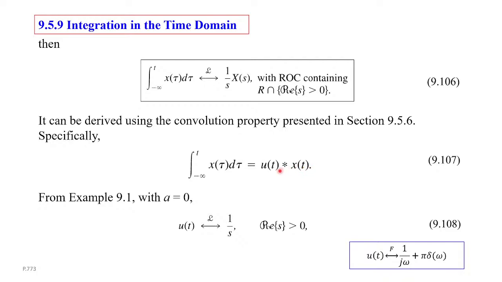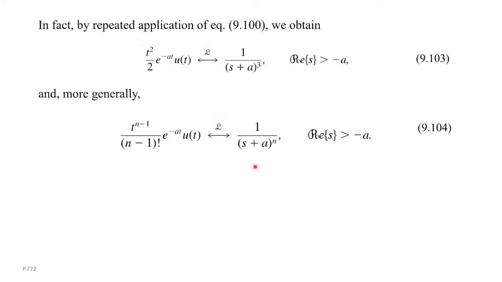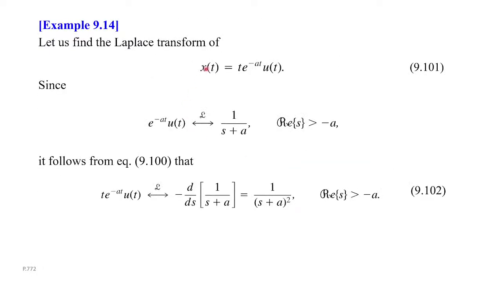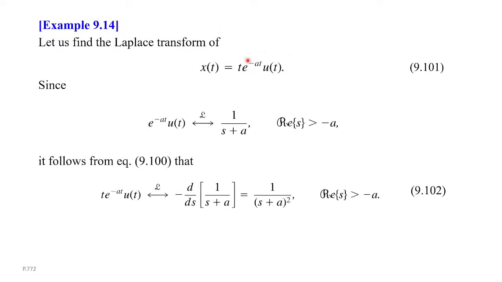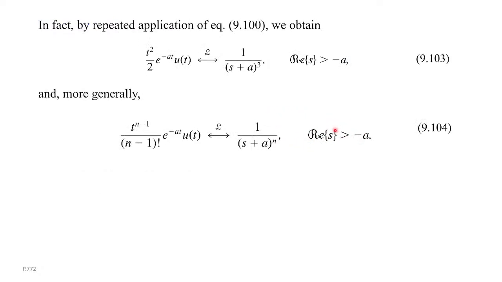And then we think about what's the Laplace transform of u of t. Well, if you just take a equal to 0 in the earlier example, then this side is just u of t, and this side is 1 over s, and the ROC is Re(s) bigger than 0.